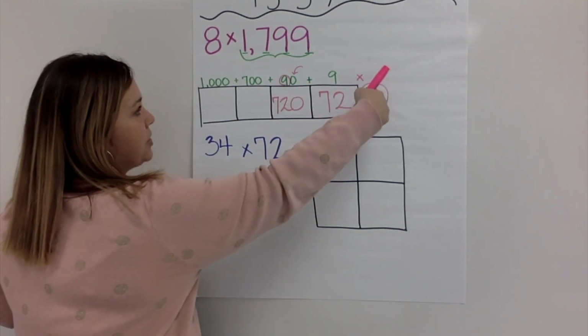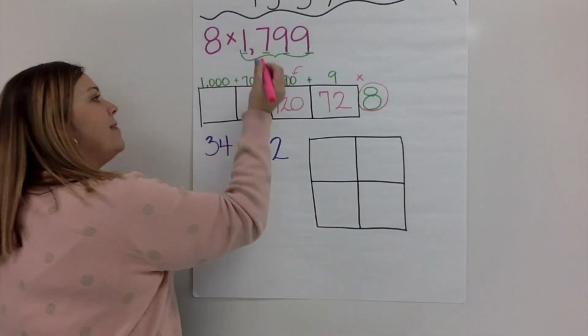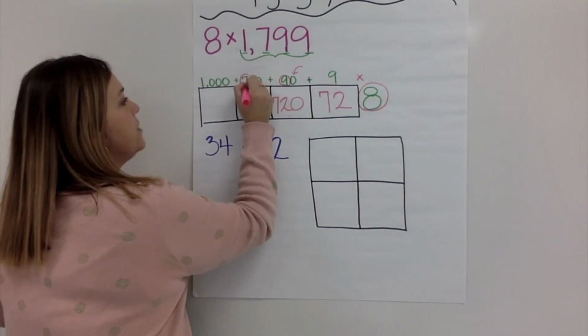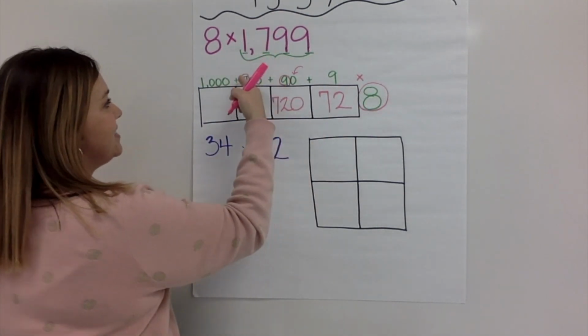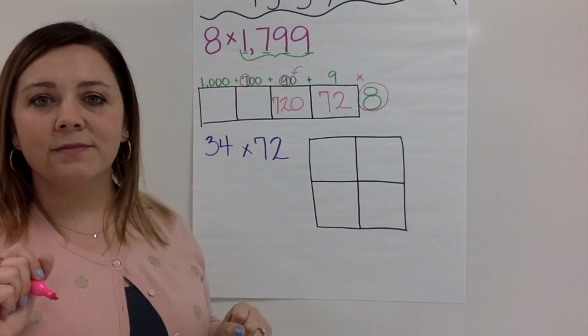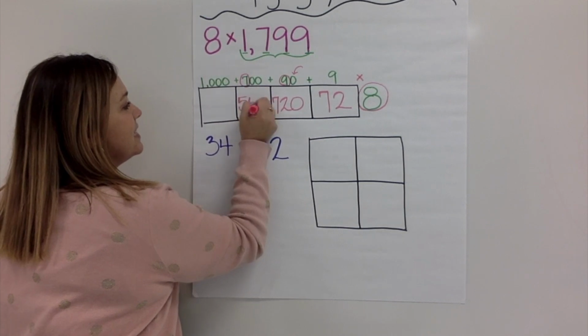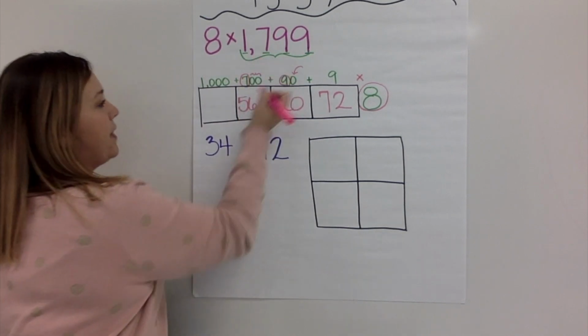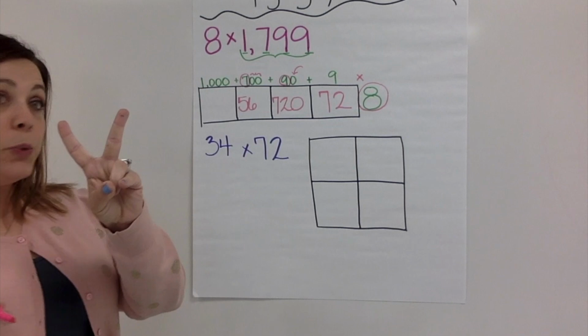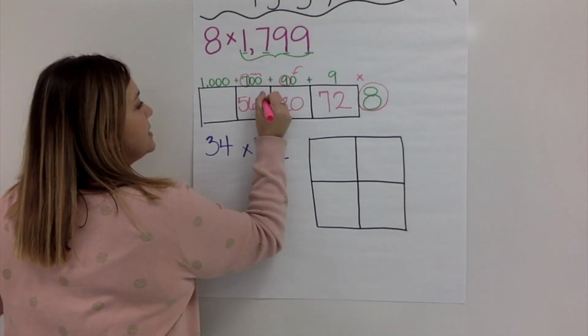All right, now we're going to come back to our 8 and multiply it by this value here. We're going to start with the first digit. What is 8 times 7? I hope you said 56. And then we are multiplying by the hundreds, so there are 2 zeros that we must add here.